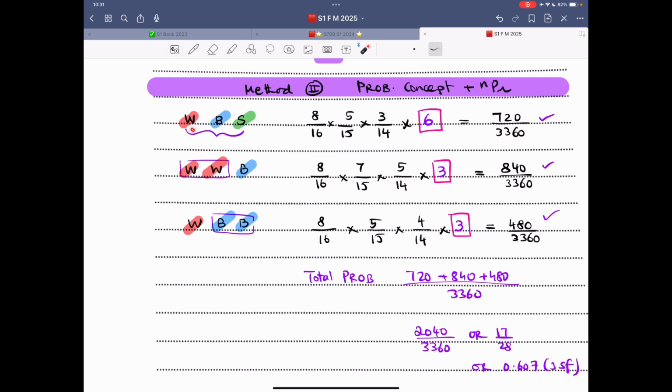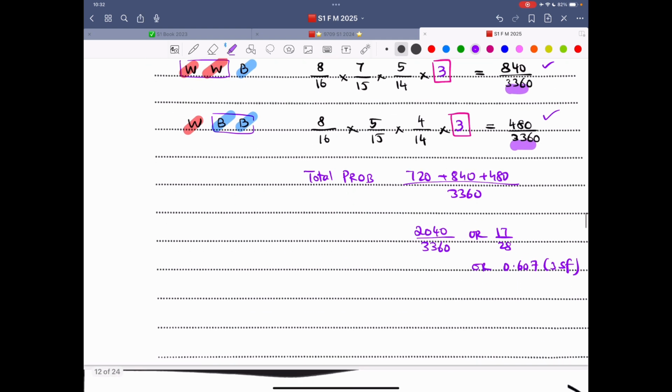So now one of each. This is like 3 different letters. It can be arranged in 3 factorial ways. WWB, that is 3 ways because this is 3 factorial divided by 2 factorial for the W's. This is the same, WBB, that is 3 ways. So multiply out the numerators. The denominator was the same as previous, that is 3360 and so on.